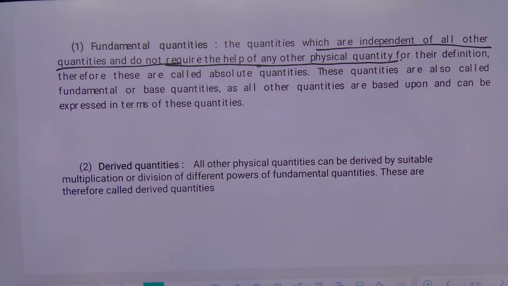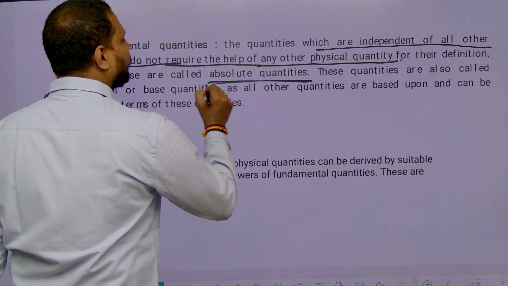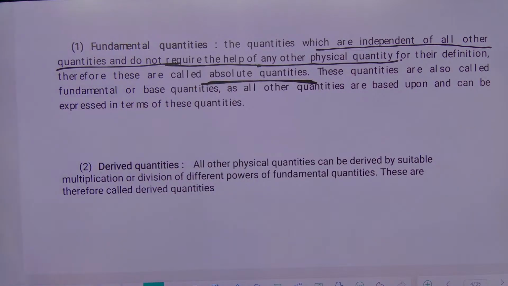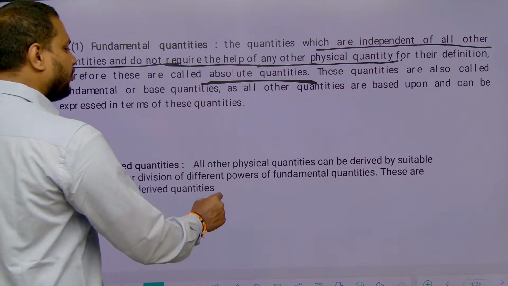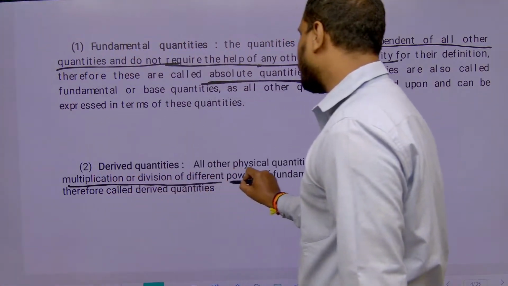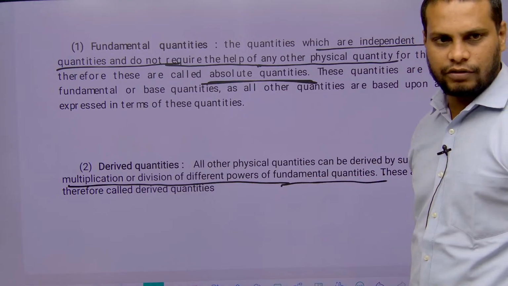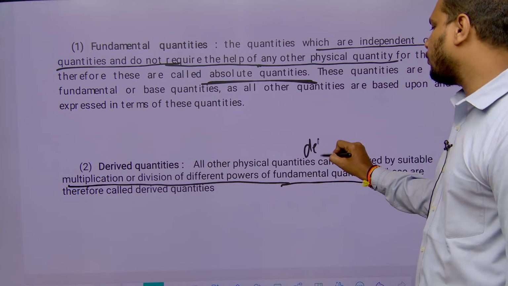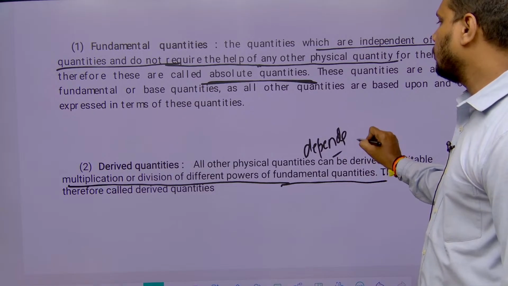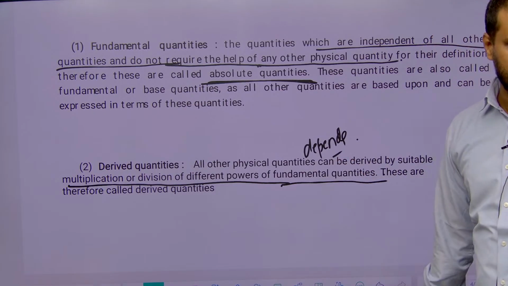So fundamental physical quantities are also called absolute quantities. Whereas derived physical quantities depend on multiplication, division or different powers of fundamental physical quantities. Derived physical quantities depend on fundamental.